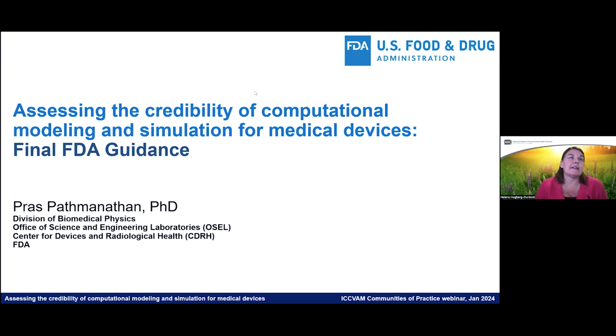In policy, he led the development of CDRH's first guidance document on credibility of computational models, and he has led or been a key contributor to numerous other initiatives advancing computational modeling in healthcare, including co-founding and co-chairing FDA's modeling and simulation working group, and previously leading OSEL's regulatory science program on credibility of computational models.